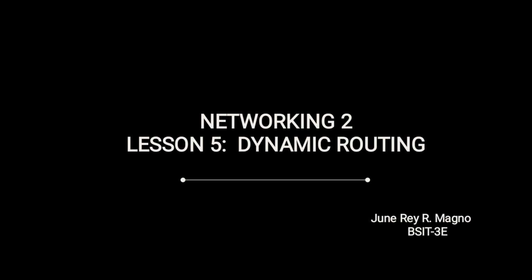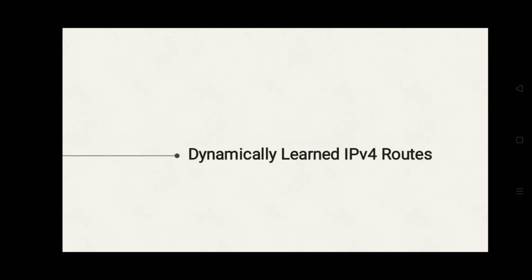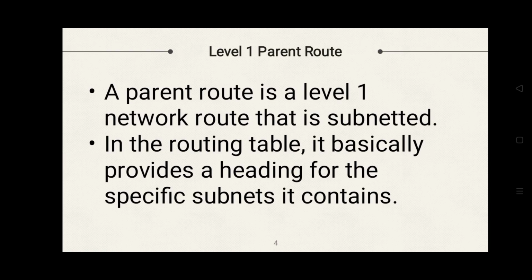Lesson 5, Dynamic Routing. My report is the routing table, Dynamic Learn IPv4 routes. Level 1 Parent Route. A parent route is a level 1 network route that is subnetted.